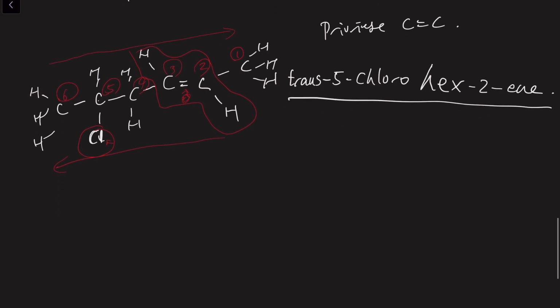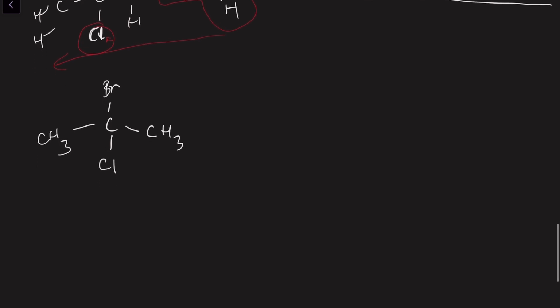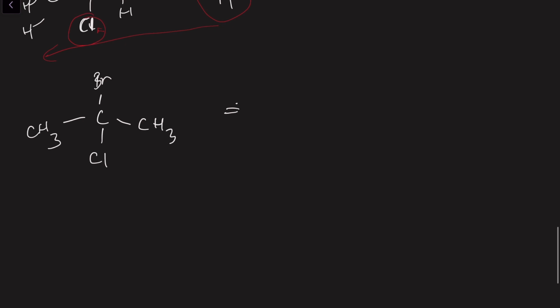So let's have a look at another slightly confusing example. So this is really about reading the question carefully. The actual naming should not be hard. So if you come across things like this, and you are not really familiar with organic molecules, I think it is best to rewrite or redraw this properly.